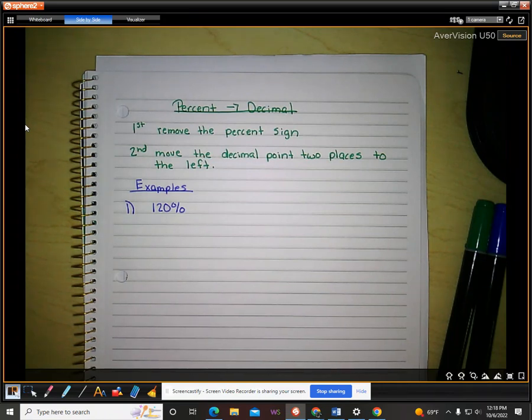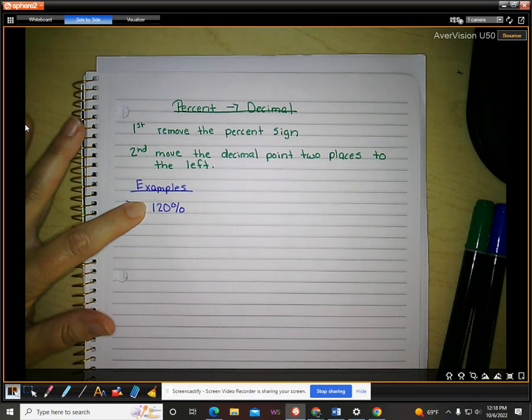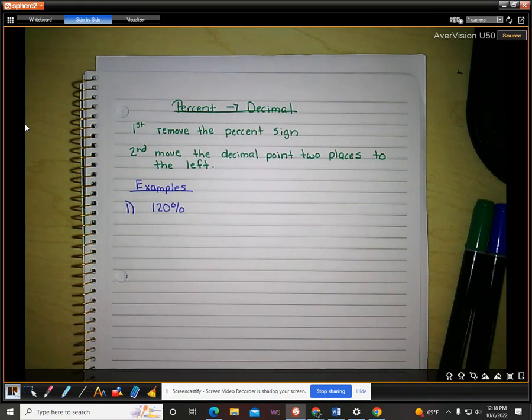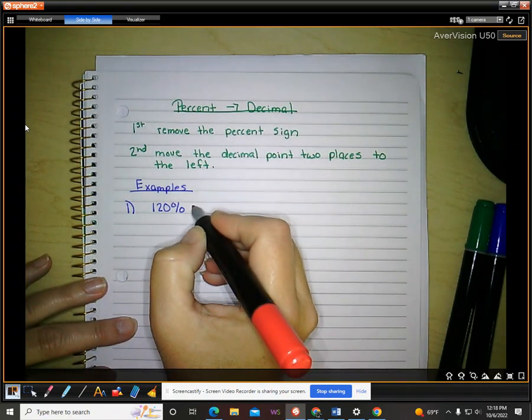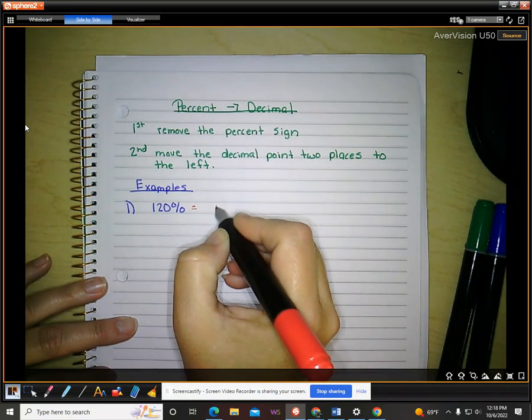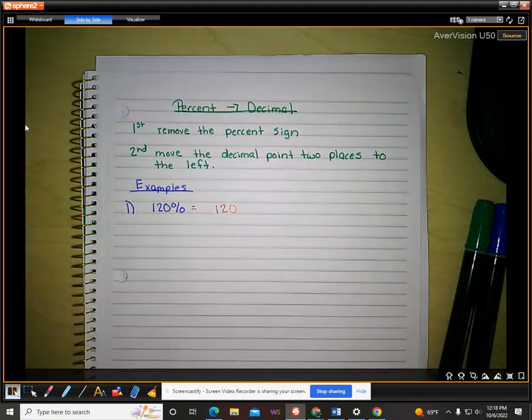So the more you do this, eventually you're going to be able to look at this and not have to write it with a decimal point and move the decimal point. You'll just be able to look at that and know exactly what it would be as a decimal. All right? But we're going to go through the steps just so we understand. Remove the percent sign. So we have 120.